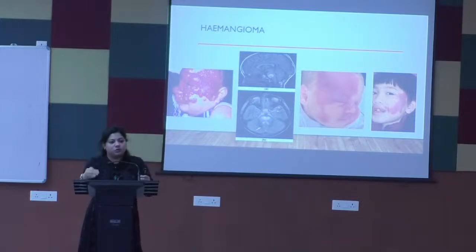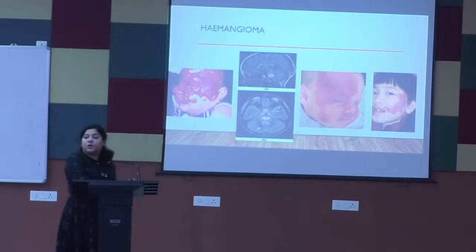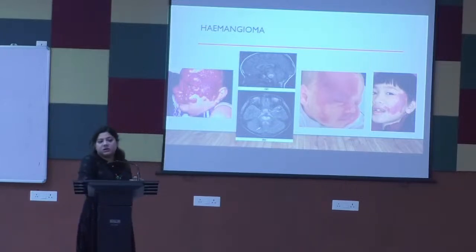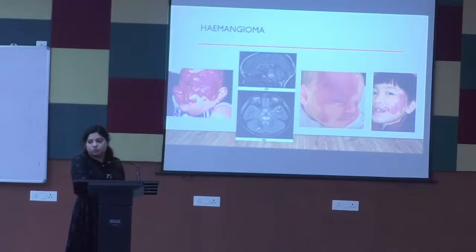It can of course also be acquired, but more commonly the syndromic or genetic mutation and tumors associated with these mutations are found in children, which can be benign or malignant. What is found in tuberous sclerosis? Brain masses like tubers. That is why it's called tuberous sclerosis. Tuber means potato.